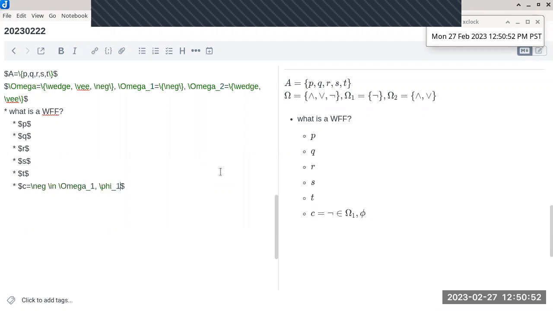Now I'm also going to give you phi 1. Phi underscore 1 is going to be one of the things that is known to be a well-formed formula already. You can choose which one you want to use. Out of the 5 well-formed formulae known to this point, which one do you want to use? T? Okay, we'll use T then.